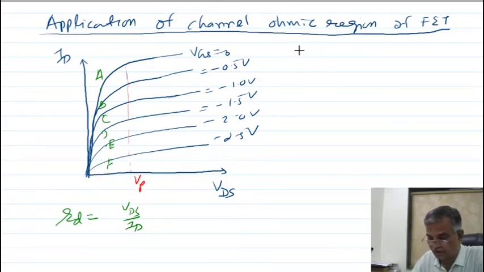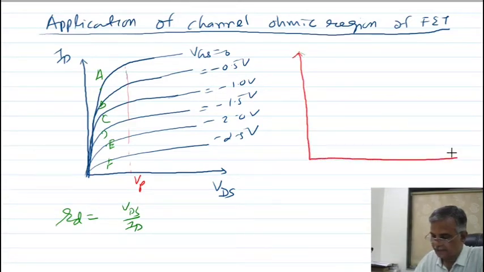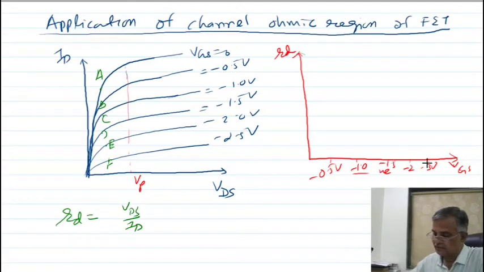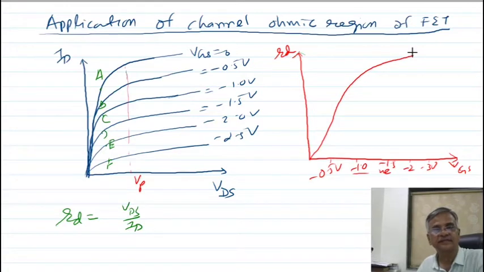Now if you plot a graph of drain resistance versus VGS, as the negative voltage increases, minus 0.5, minus 1, minus 1.5, minus 2, minus 3, your resistance increases like this.